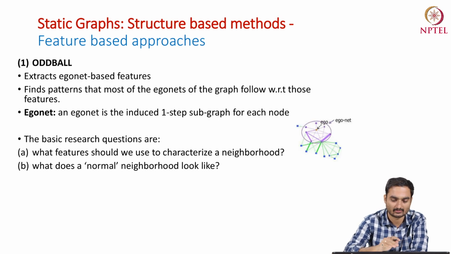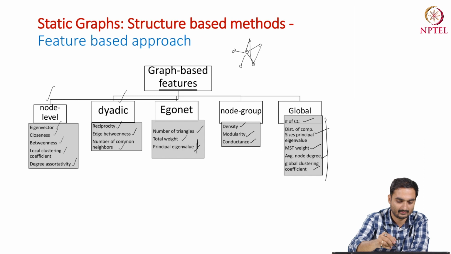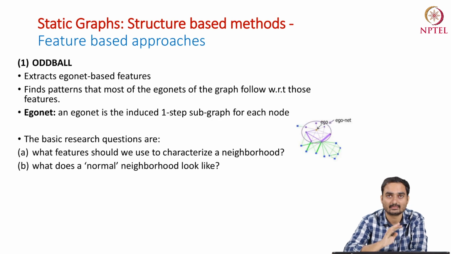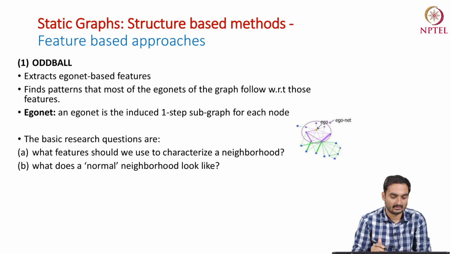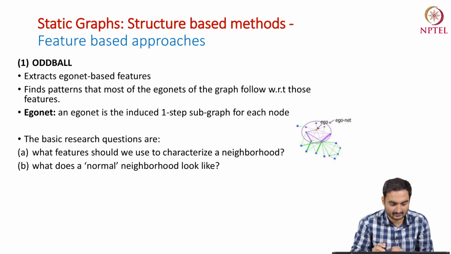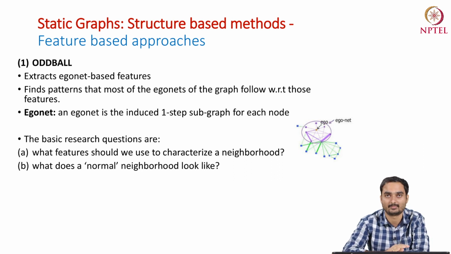Okay, now let us look at one such method which takes care of a subset of the features that we have discussed so far, and identifies anomalous entities. I think this is one of the first papers on anomaly detection in graphs.